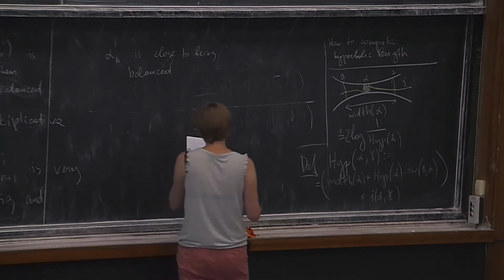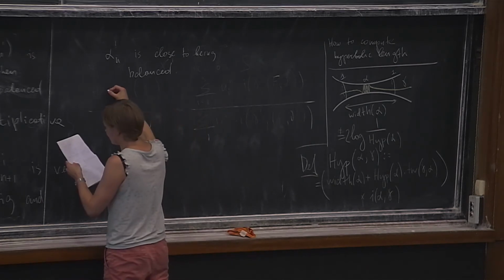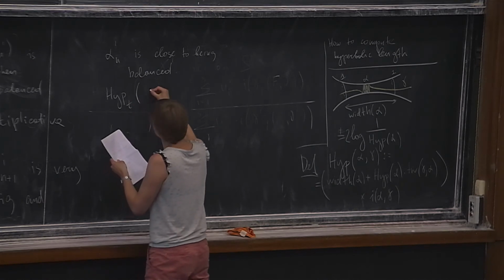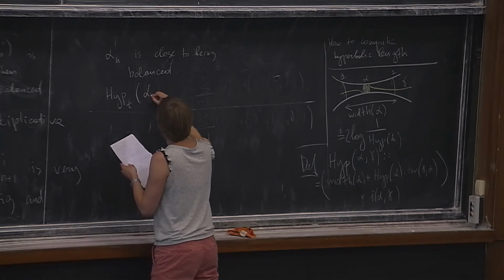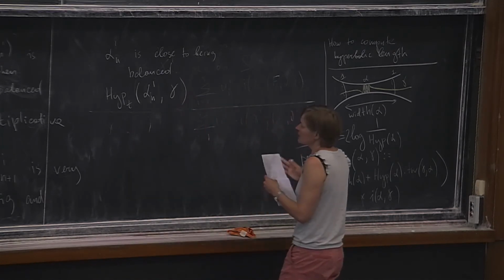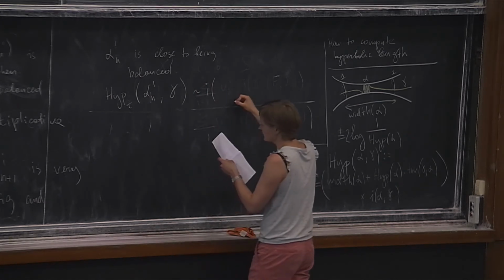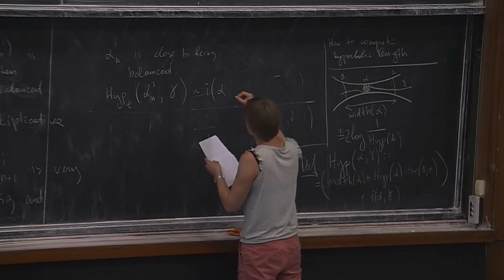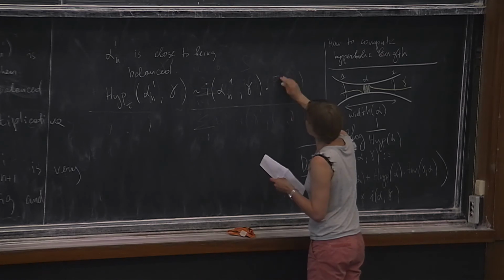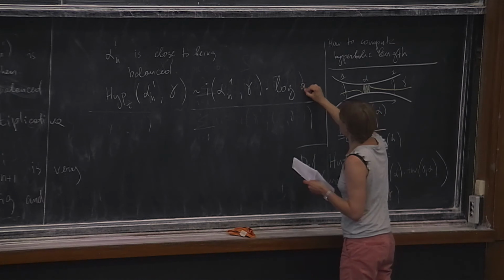So let me write it like this: the hyperbolic length contribution to any curve gamma of such a curve is roughly the intersection number times the log of a n plus 1.